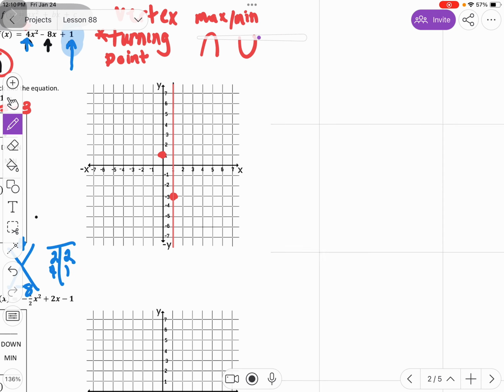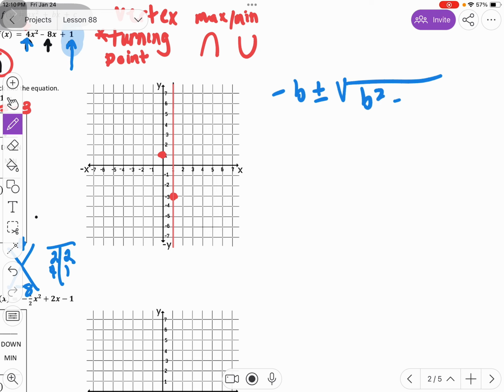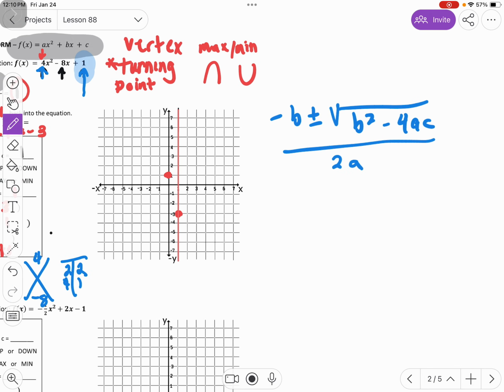So the quadratic equation is negative b plus or minus the square root of b squared minus 4ac, all over 2a. Okay. Now, if you have the quadratic in front of you, it's f of x equals 4x squared minus 8x plus 1.